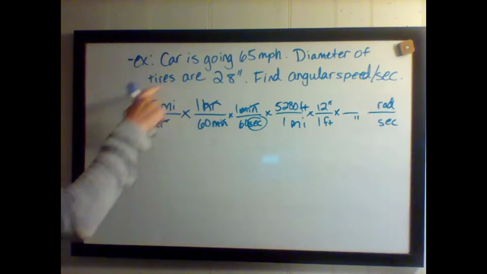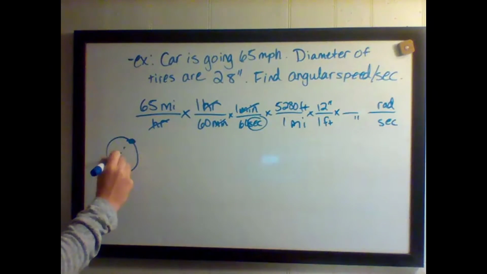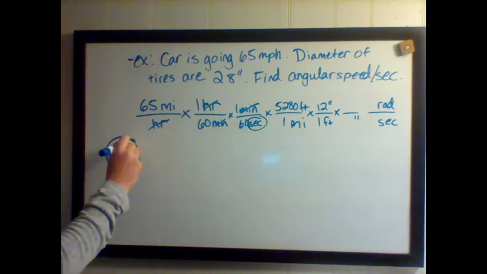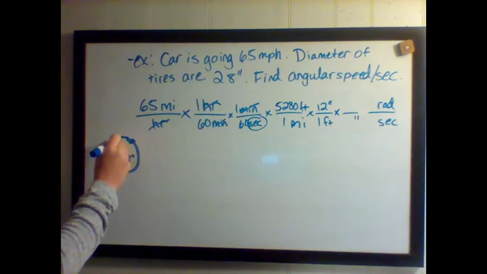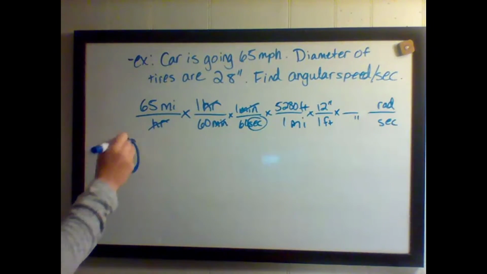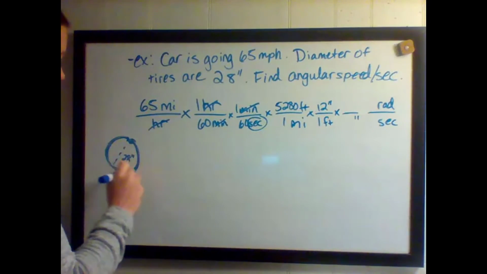So again, think about this. We've got a full circle around. Diameter is 28. So I'm going to have to, again, figure out the circumference, because that's going to tell me the distance it's traveling. That's how we figure out the speed we're going, how far around the tire is traveling.